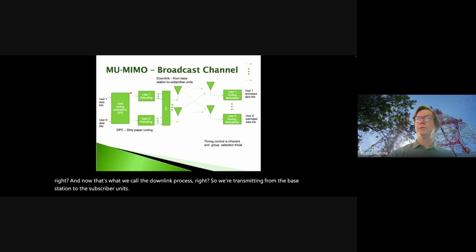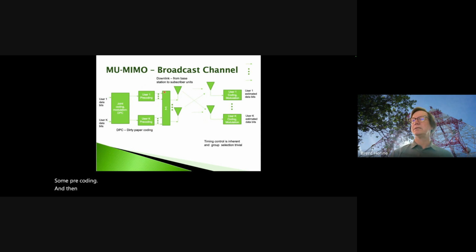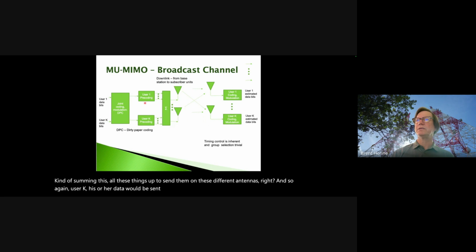Now we can do some pre-coding and then kind of summing all these things up to send them on these different antennas, right? And so again, user K, his or her data would be sent on all these antennas in the same way as user one on all these same antennas.